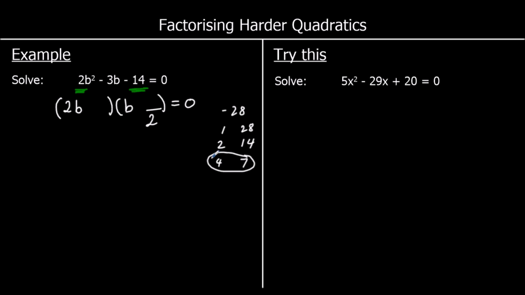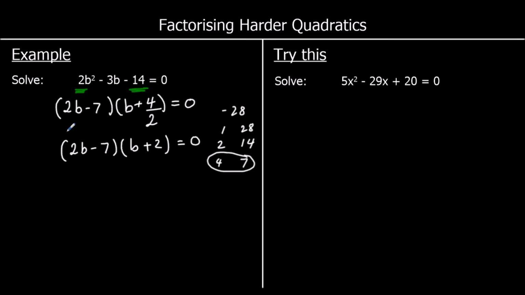So I've got 4 and 7. It's going to be a -7 and a +4. And I'm going to put the 4 over the 2 because 4 is a multiple of 2. So I can simplify 2b minus 7 and b plus 2. So it's factorized. Now we're going to solve it by saying either the first bracket is equal to 0 or the second bracket is equal to 0.